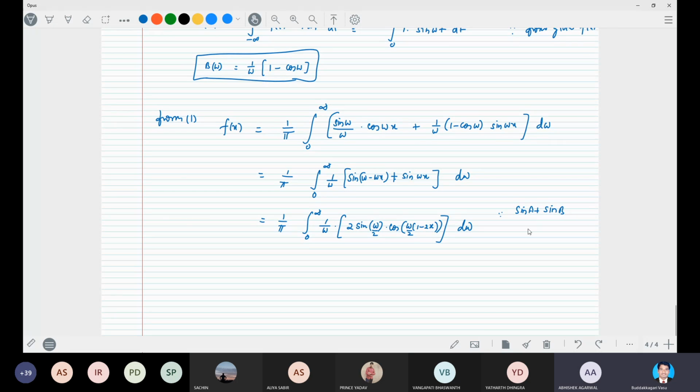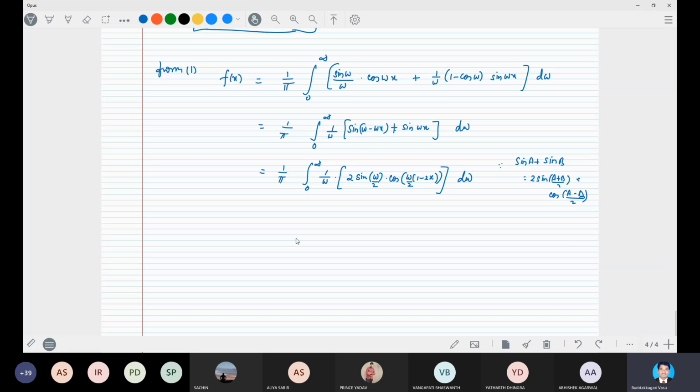Then sin A plus sin B is equal to 2 sin of (A plus B) by 2 into cos of (A minus B) by 2. Okay? 2 by pi integral 0 to infinity.